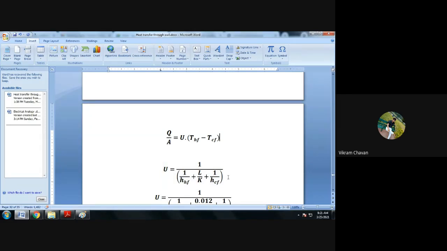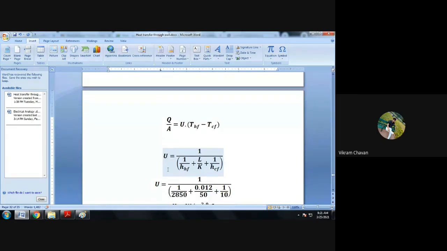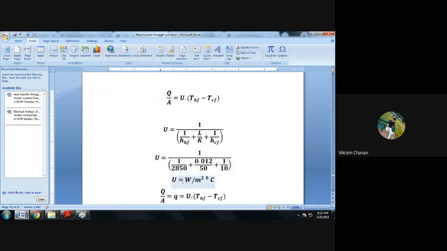By using this formula, you can easily determine the overall heat transfer coefficient. Now put the values of h_HF, L, k, and h_CF in the formula of U. Do the calculation, everyone, and let me know the U value in the chat box.